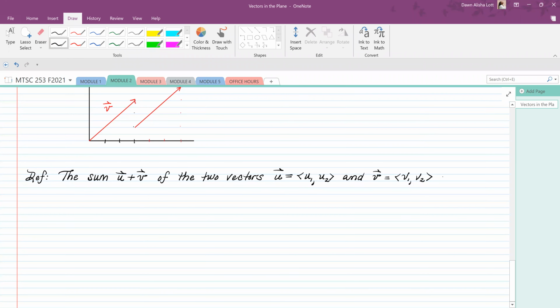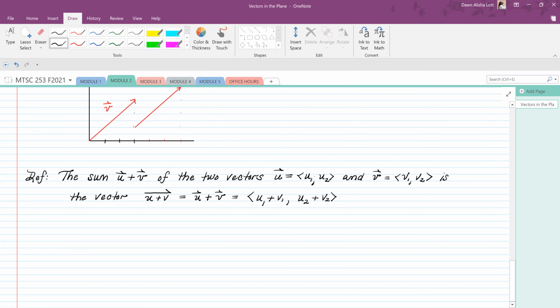So this is the vector u plus v, and it is to take u1, add it to v1, and then take u2 and add it to v2.